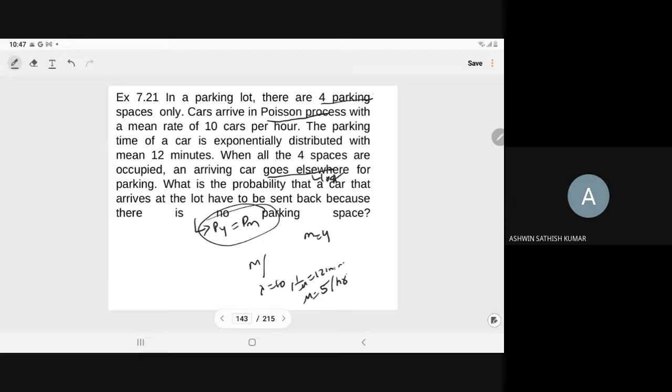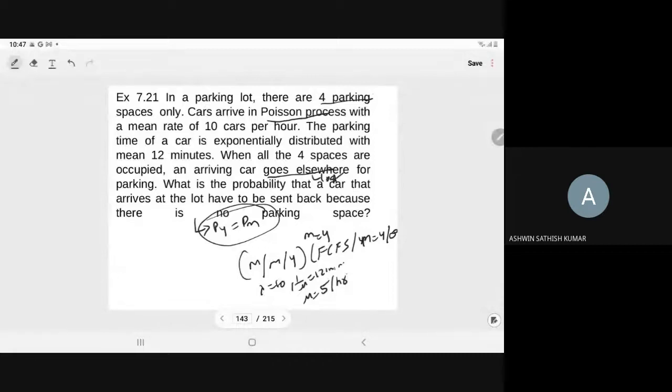So this is the finite capacity model, and it is of M/M. Now it is also a kind of self-service, because we have four service spaces, or four parking spaces. So M/M/4/FCFS with M equal to 4 and infinity.